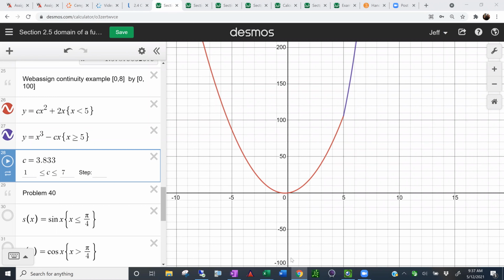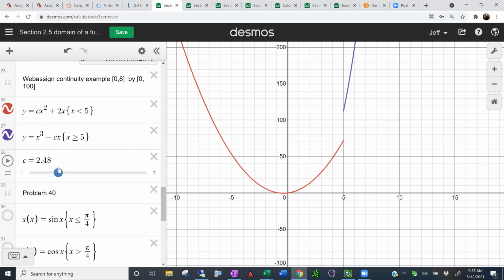Go ahead. What does the C value represent again? C is the choice that makes the function continuous. So if you have a different value of C, for instance, say C equals 2, notice there's a jump discontinuity in the function.